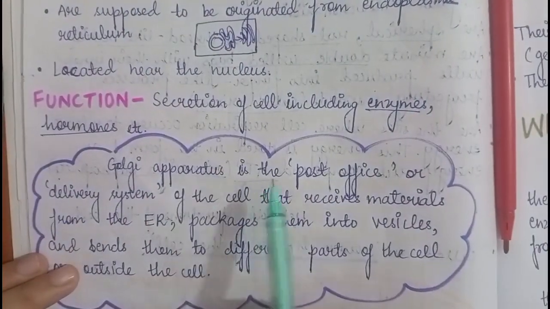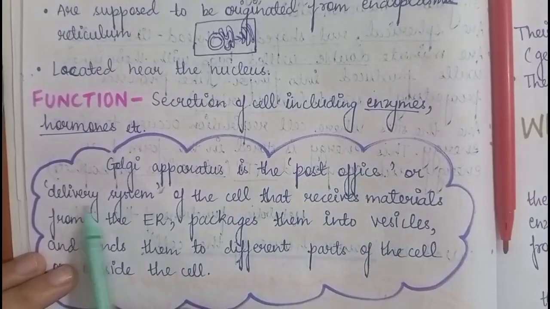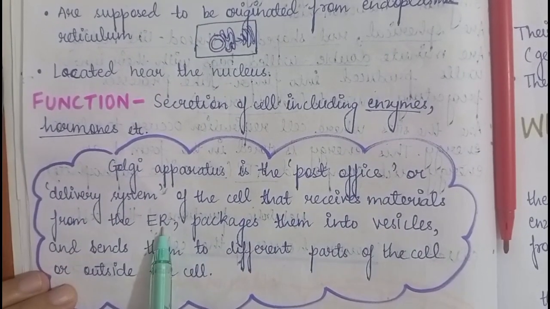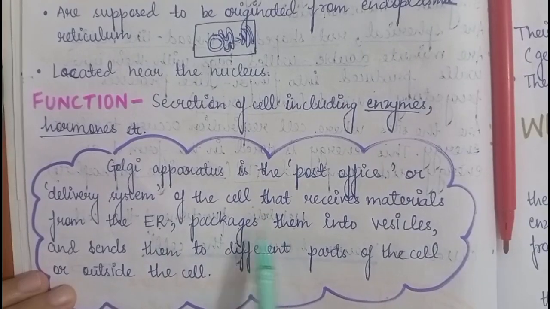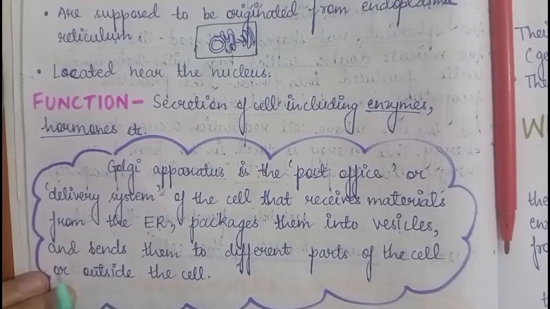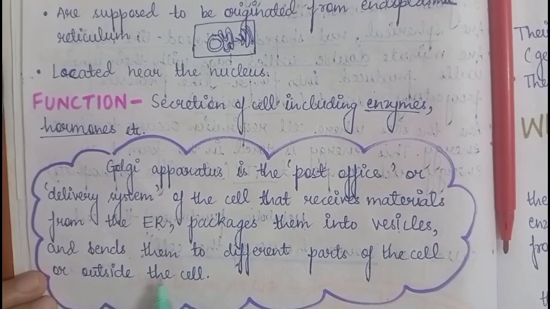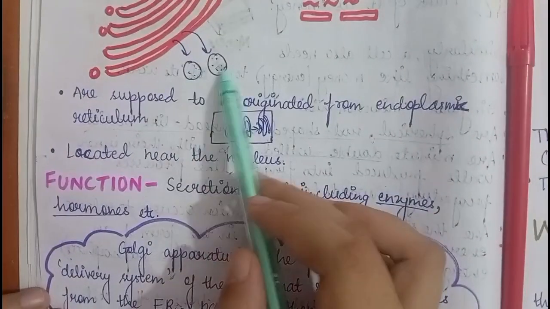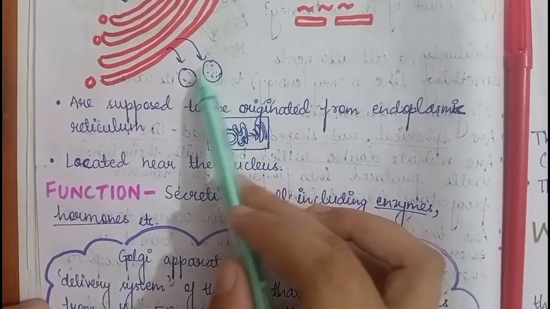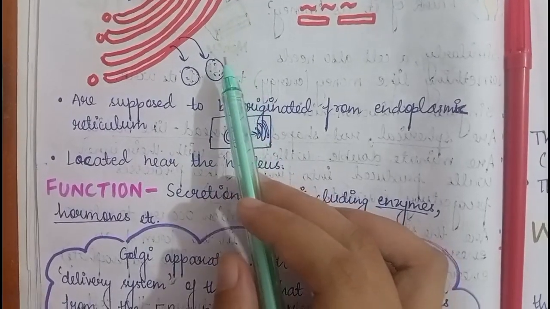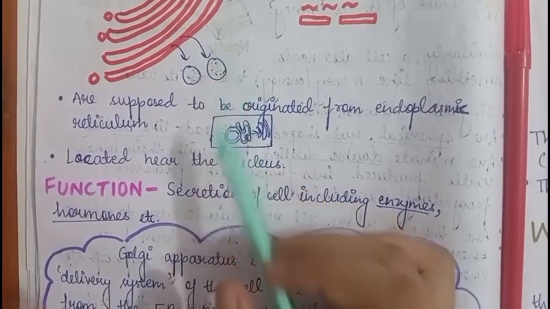So the Golgi apparatus is the post office or delivery system of the cell that receives materials from the endoplasmic reticulum, packages them into vesicles, and sends them to different parts of the cell or outside the cell. From here, these vesicles are either transported to different parts of the cell, or to the outside of the cell.